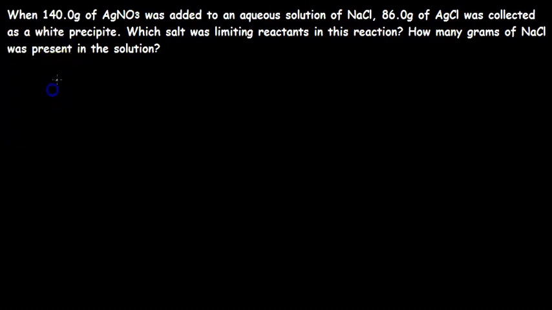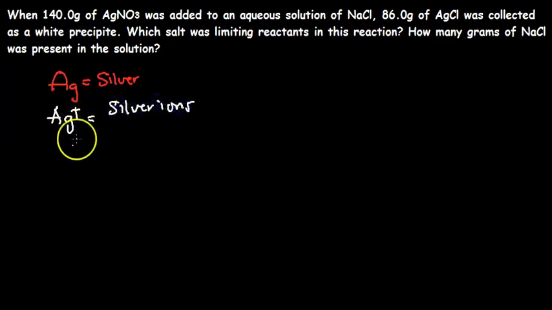If we are given Ag, this is simply silver. What about Ag positive? This is going to be silver ion. What if we are given Cl? This is chlorine.